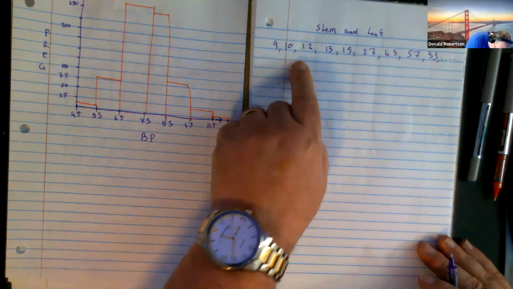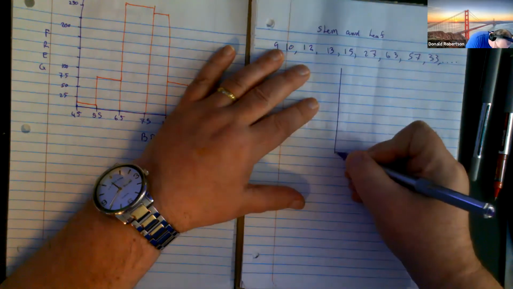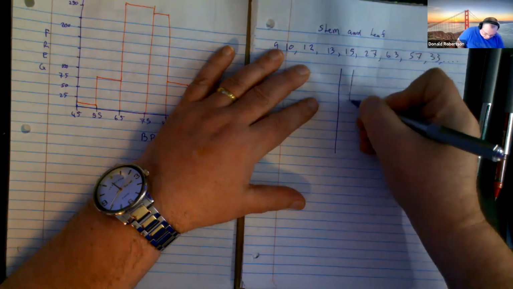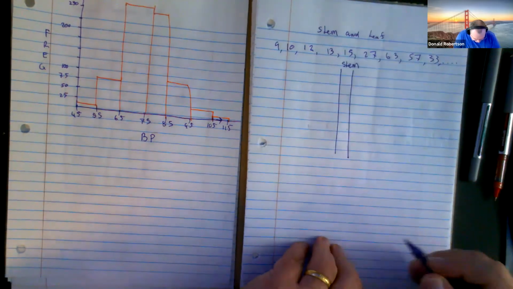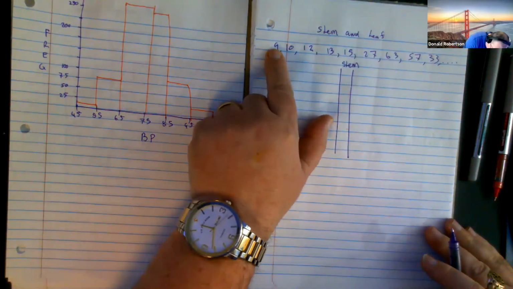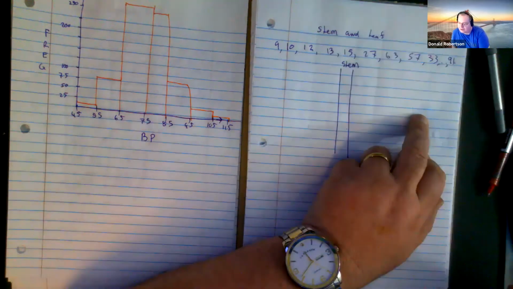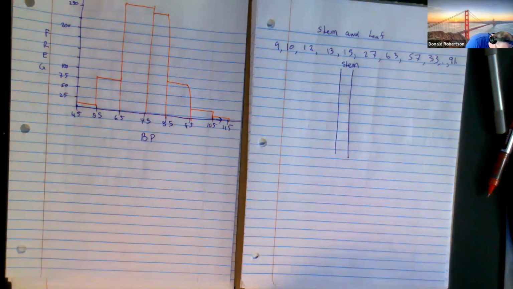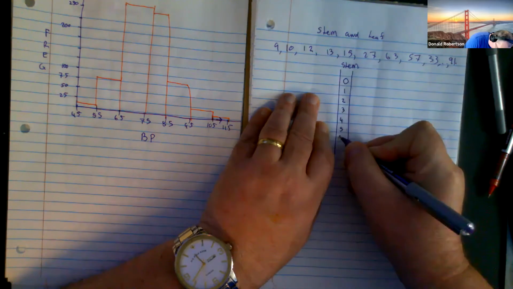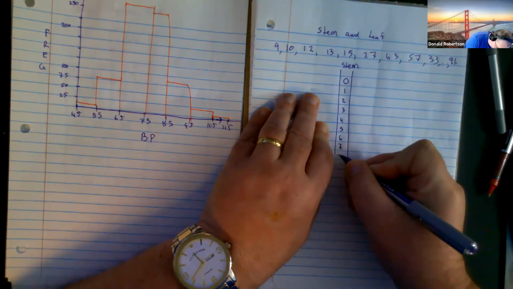So the way a stem and leaf works is you start off with a vertical column called the stem. And you look at your numbers from the smallest to the biggest. Can we pretend that I had a 91-year-old in my data, just to give you an idea. And you put down 0, 1, 2, 3, 4, 5, 6, 7, 8, 9.